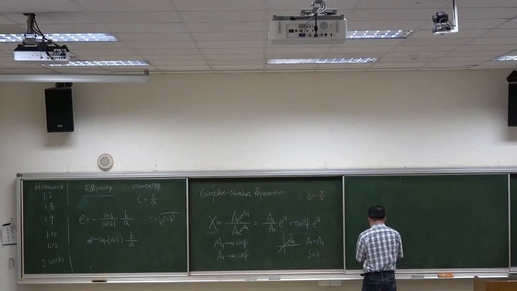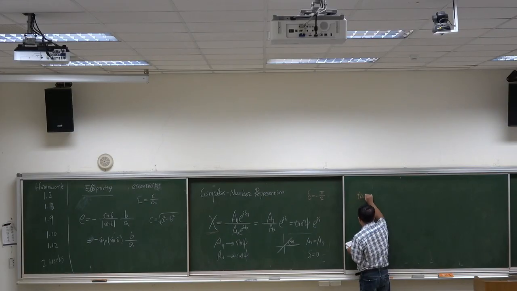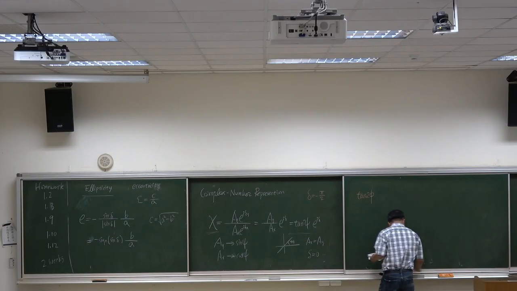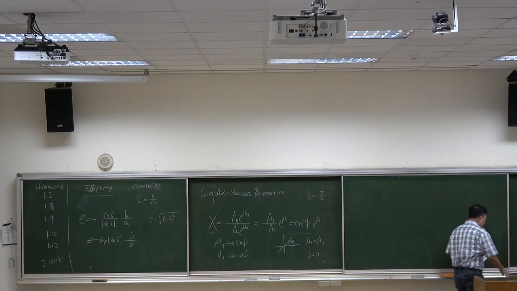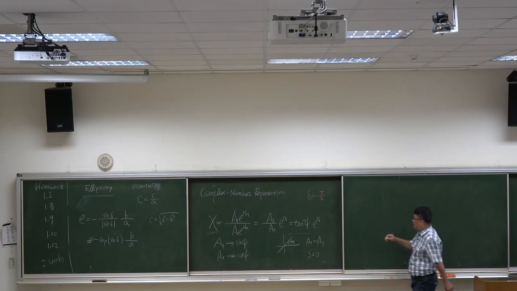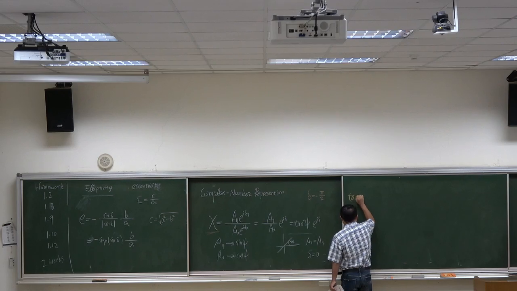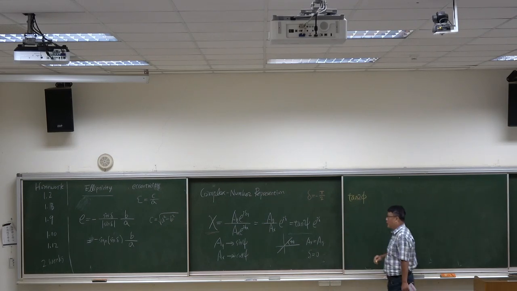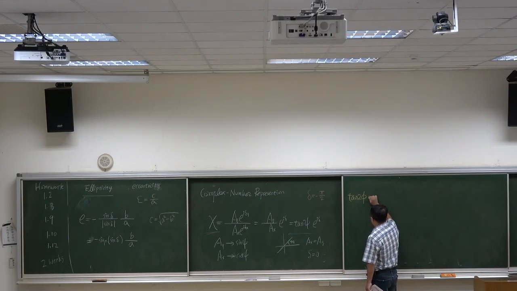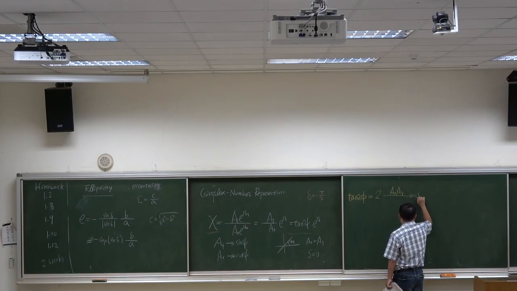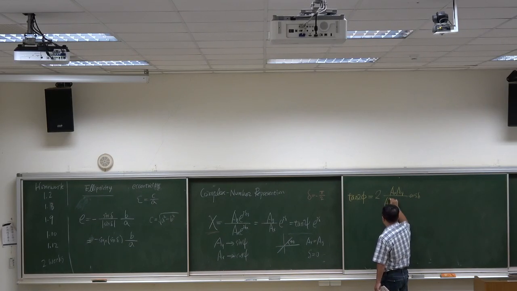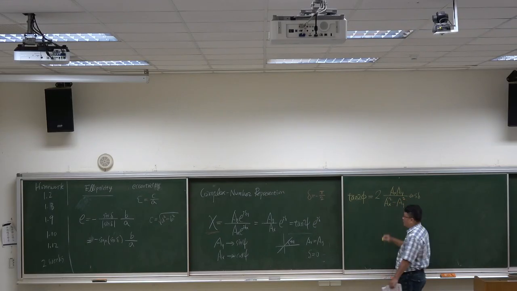To do this, we know that tangent 2 phi, where phi is the orientation of the semi-major axis, is equal to 2 AX AY cosine delta over AX squared minus AY squared.